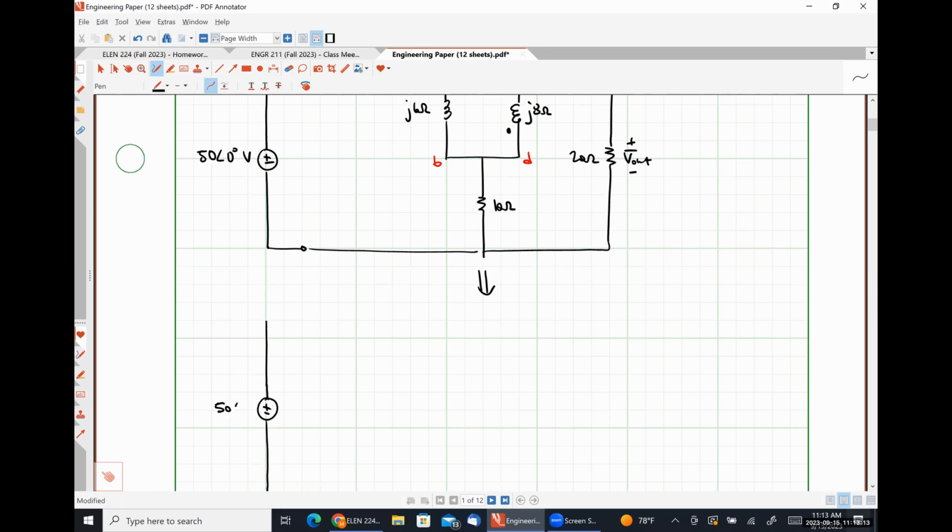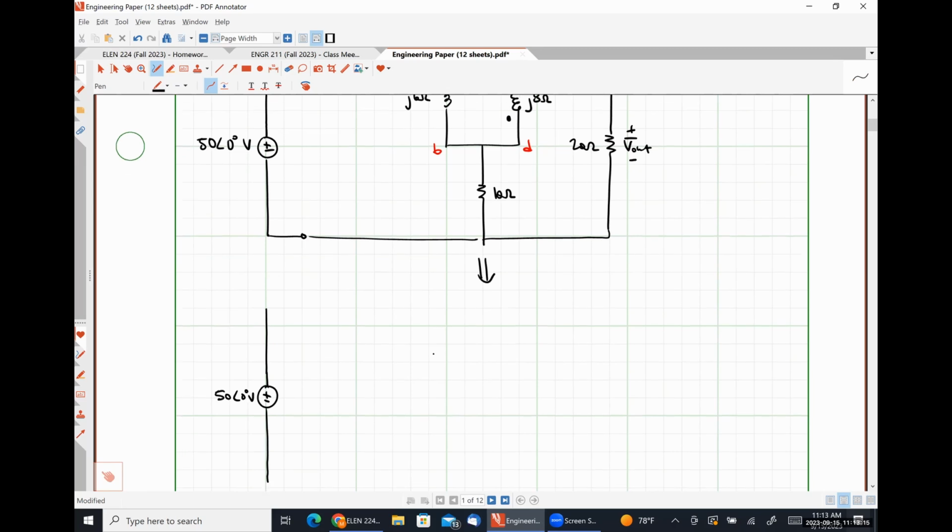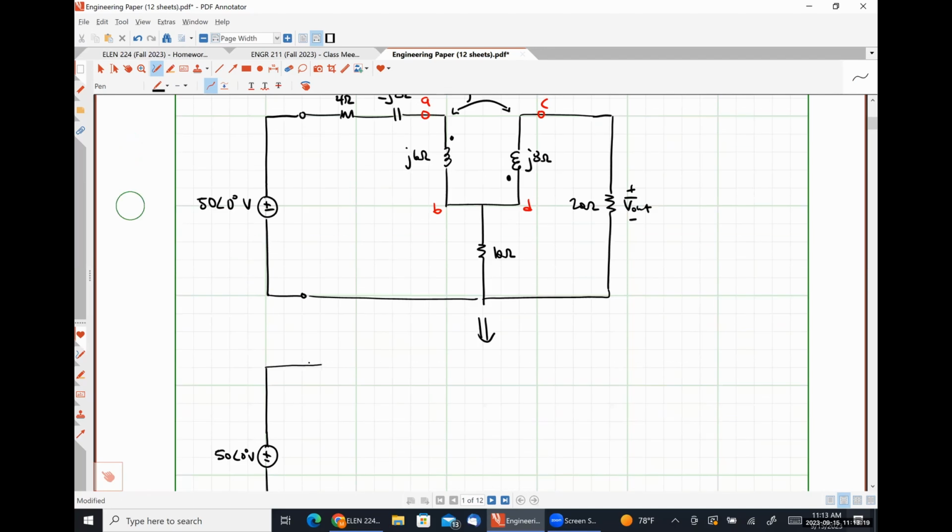So here's my 50 angle 0 degrees volts. Four ohms. Here's terminal A. We're going to have some inductance, some inductance, some inductance.